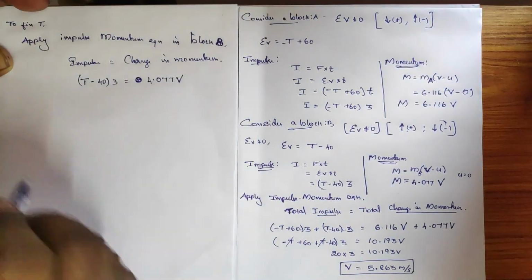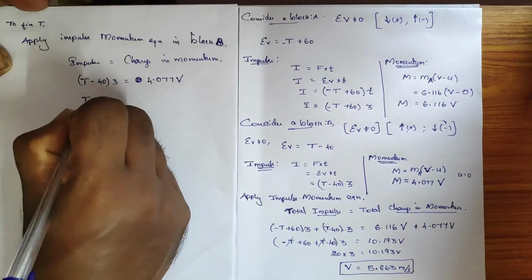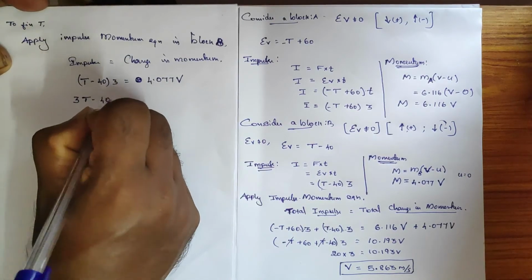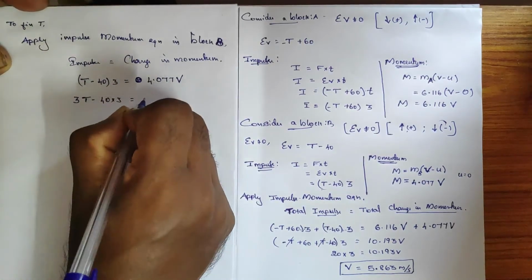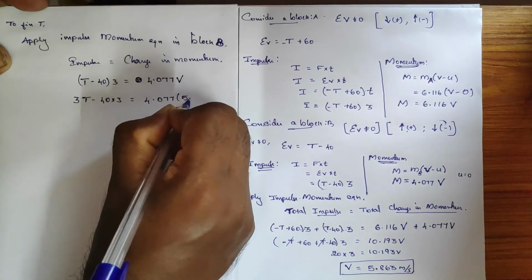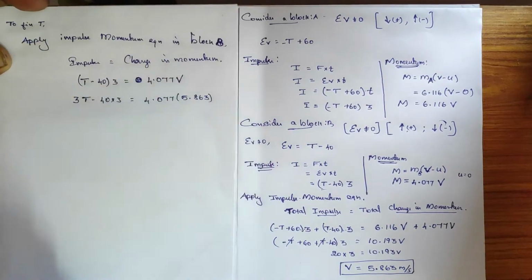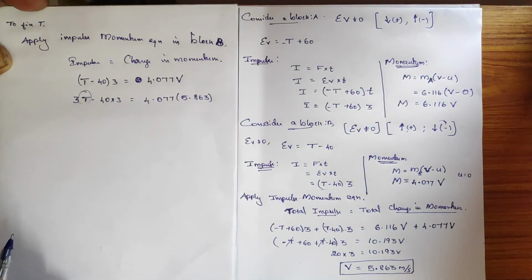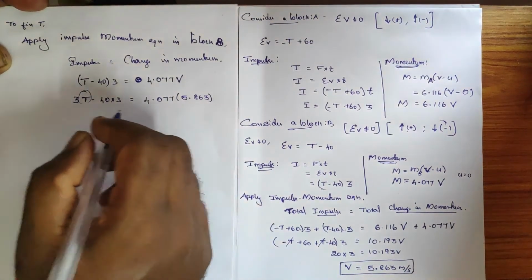The velocity value has already been identified. So 3T minus 40 into 3 is equal to 4.077 into 5.863. From this we can identify the T value, which is easy.